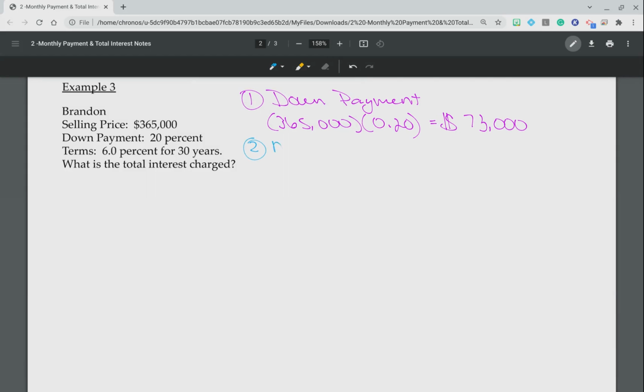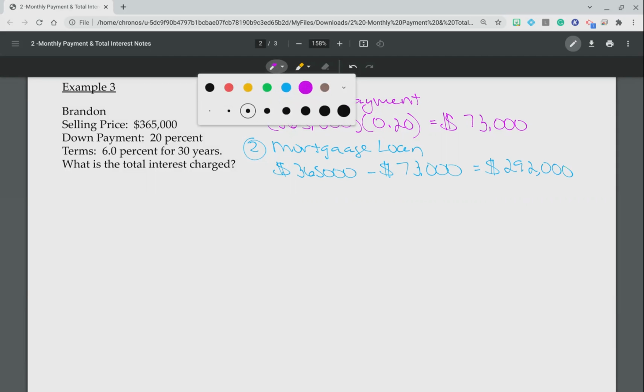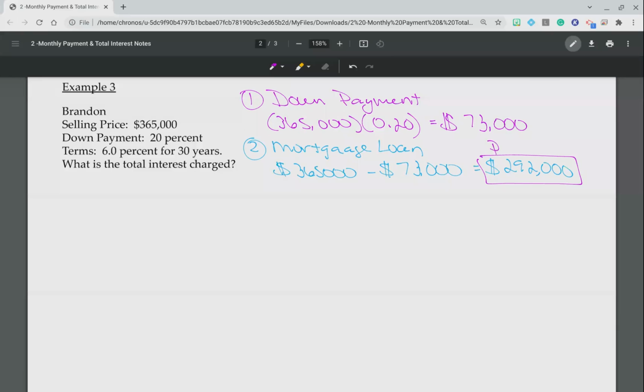All right, so to find the amount of his mortgage loan, just like we did yesterday, we take the selling price and we subtract how much Brandon put down for a down payment. And I got $292,000. This number right here is your principal, okay? The selling price or your mortgage loan amount is always going to be your P or your principal.